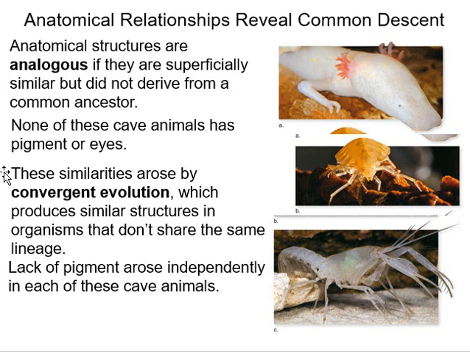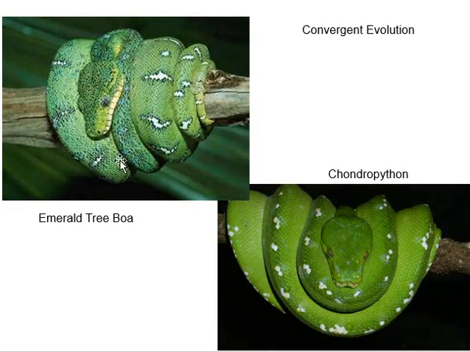So there's some examples. Here's a good example. Emerald tree boas and chondropythons, or green tree pythons, depending on how you want to call them. This one's from South America. This one is found in New Guinea. And they don't share a direct common ancestor.